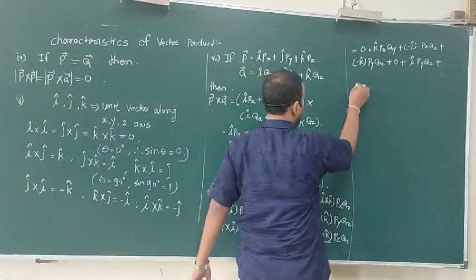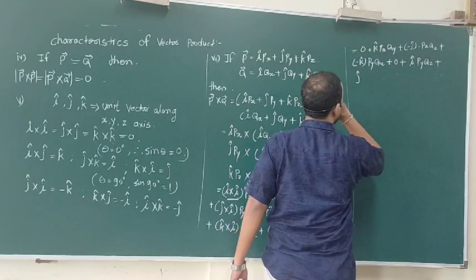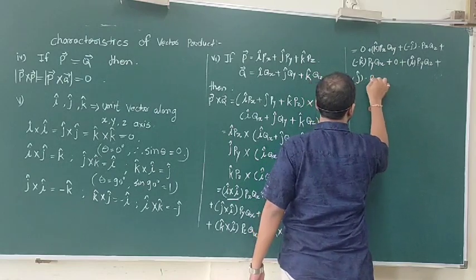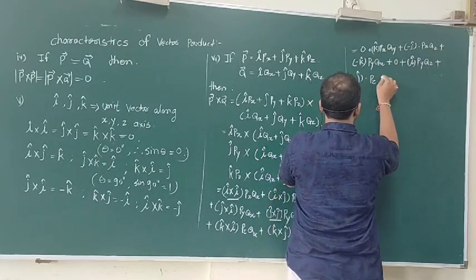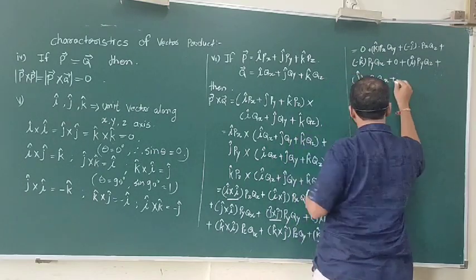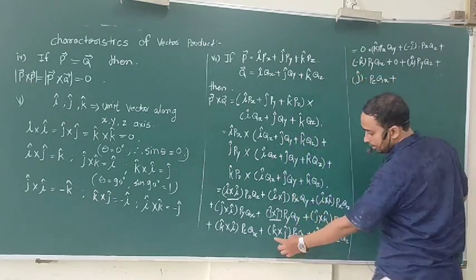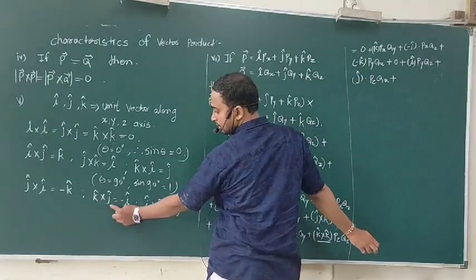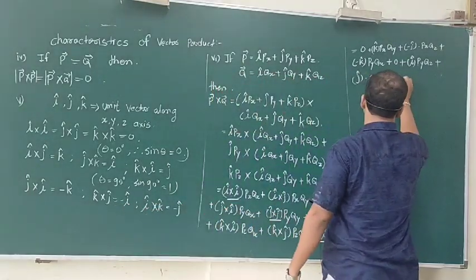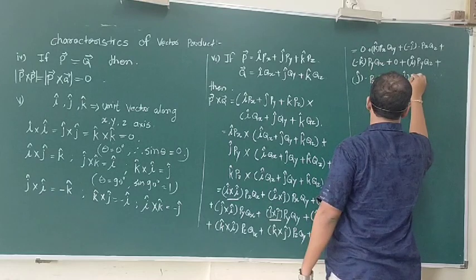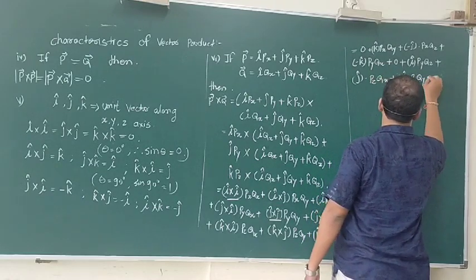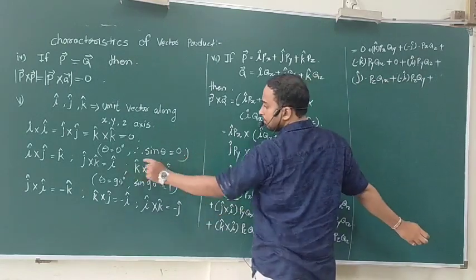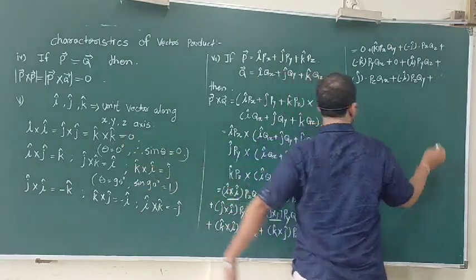So we get j cap into pz qx, plus k cap cross j cap is equal to minus i cap into pz qy, plus k cap cross k cap is equal to 0.